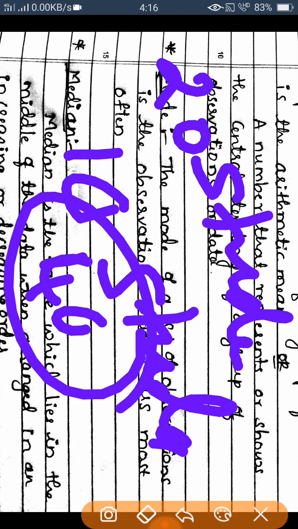That means this 40 is the mode. The highest repeated observation we can take. It may be twice or thrice, whichever is repeated the most.